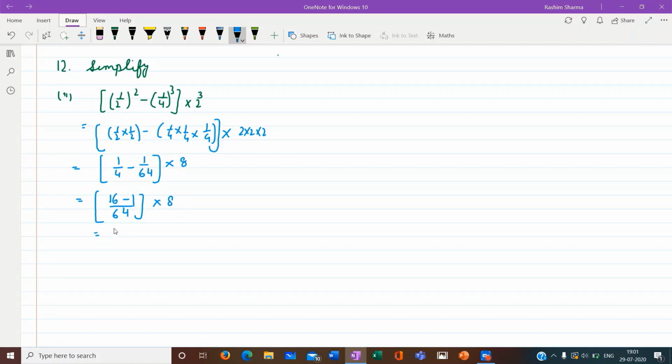So we get here 15 on 64 into 8, that is 8 eighths. So we get here 15 on 8. 15 on 8 means 1 and 7 on 8 is the answer.